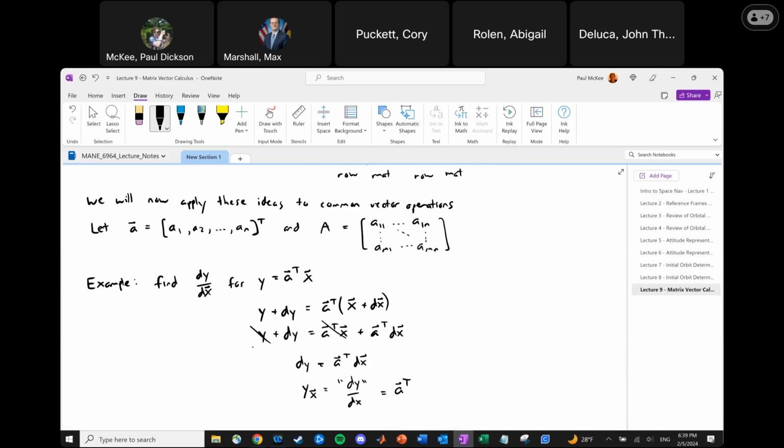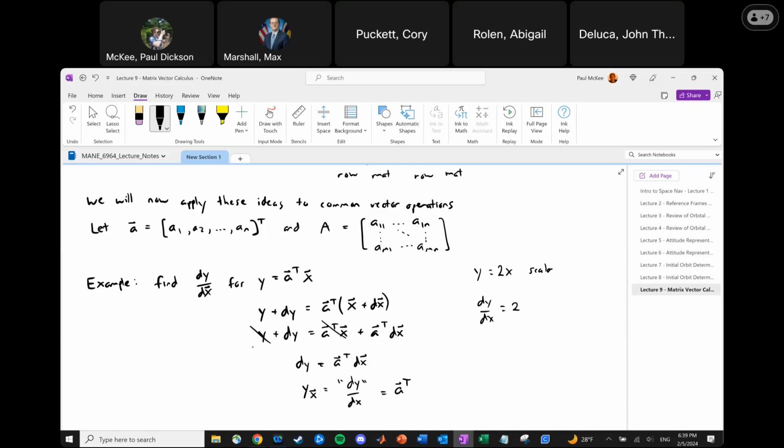All right. So then what we're saying is if y is a transpose x, and you take the derivative with respect to x, you get a transpose. I'm hoping that this is the first sign, for some people who might feel a little bit lost in this lecture, of something kind of normal happening. Because if I said that y is equal to 2x, this is all a scalar equation, then dy/dx is equal to 2.